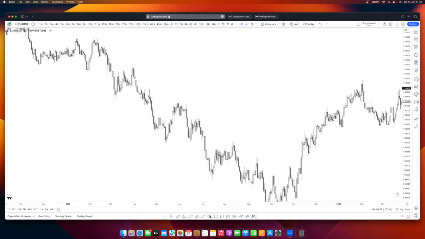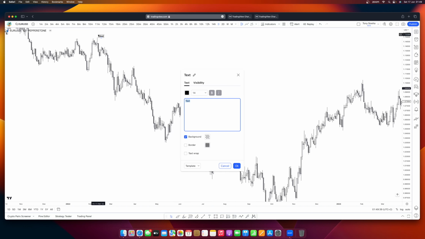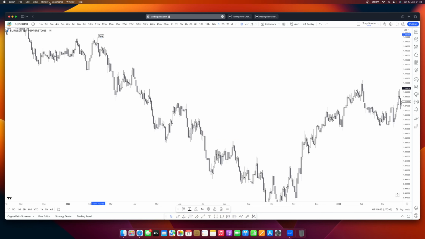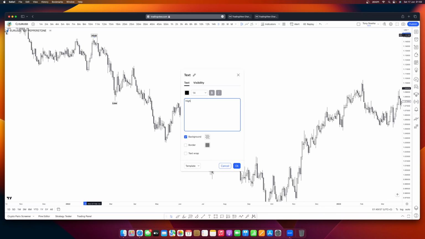So first, we're going to put this as the low. We have the low here. This is the low, and sorry, that's the high rather. And then we're going to have this as the low. So we can have this as the high, and then that is the low. And then what happened?